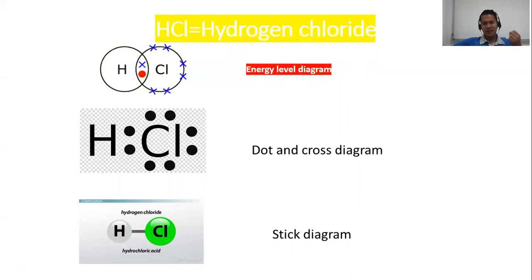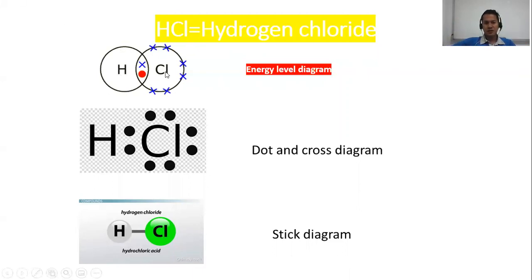But in chlorine, since this is in period 3, the maximum is 8. For period 2 and period 3, the first, second and third energy levels, maximum of 8, according to the octet rule.